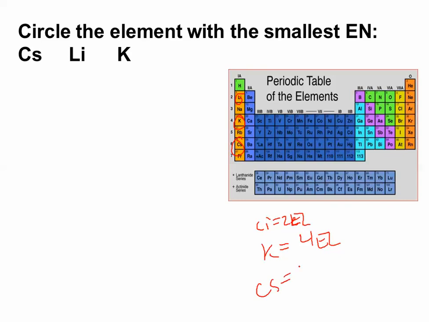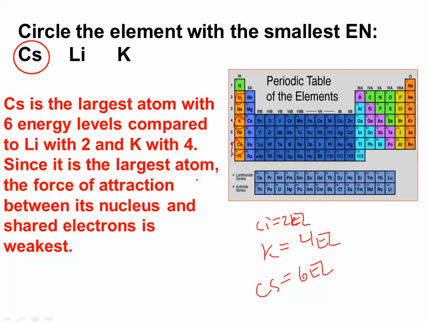And cesium has 6 energy levels, right? So since cesium has 6 energy levels, it's going to have the smallest electronegativity because there's a weaker force of attraction between its nucleus and shared electrons. And there's our explanation.